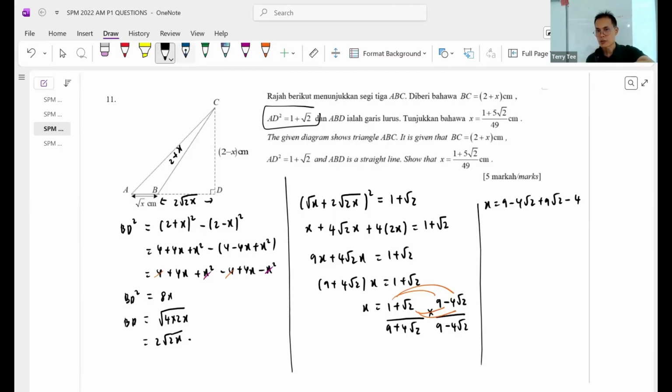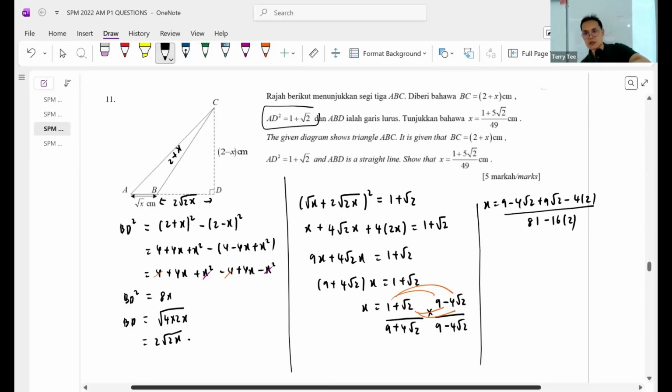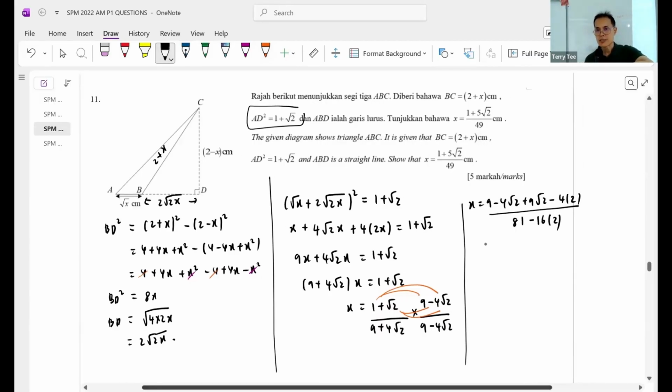Negative 4 surd 2 times surd 2 is negative 8. Divide by 9 squared, which is 81, minus 4 squared, which is 16, times surd 2 squared, which is 2. Okay, 9 minus 8 is 1. Minus 4 plus 9 is 5. 81 minus 32 is 49. So there you go. I know my answer is correct.